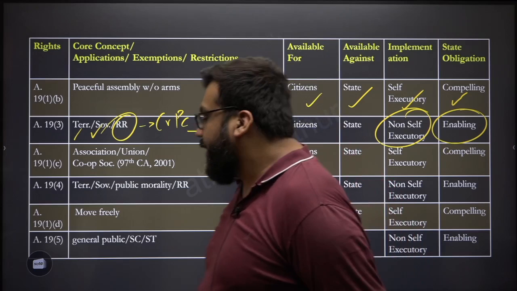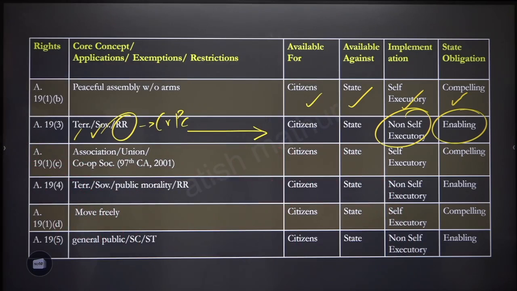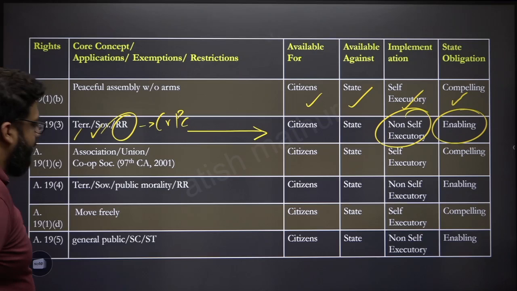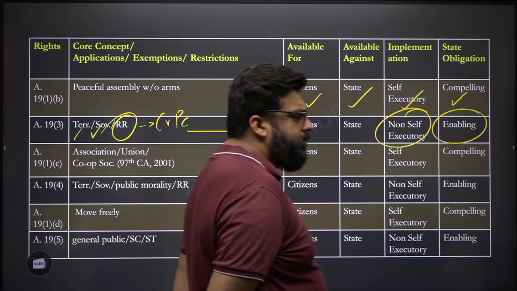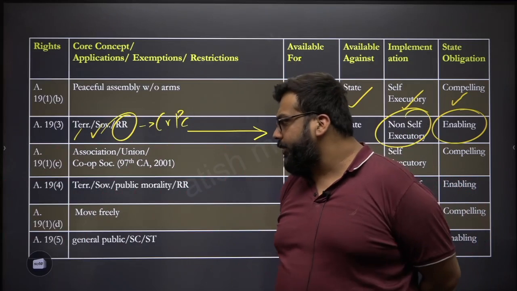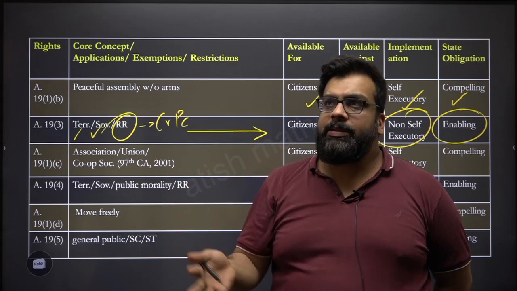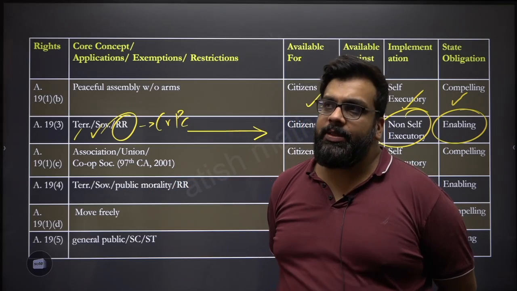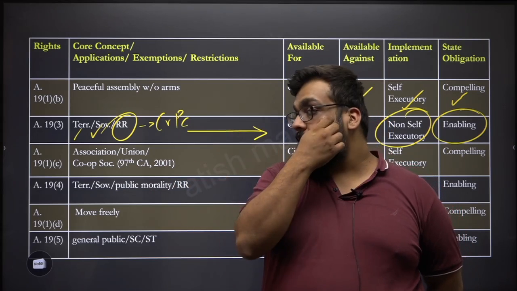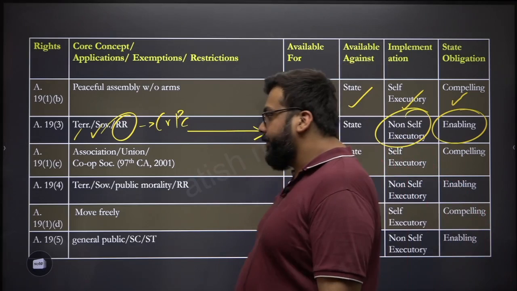Then you have Article 19 clause 1 clause C, the freedom to form associations and unions. This again was in the news in the context of the farm law protests, and a recent Supreme Court judgment, almost 7-8 months ago, on the composition of multi-state cooperative societies, where the Centre only has jurisdiction on multi-state or interstate cooperative societies, while the states can regulate intrastate cooperative societies.